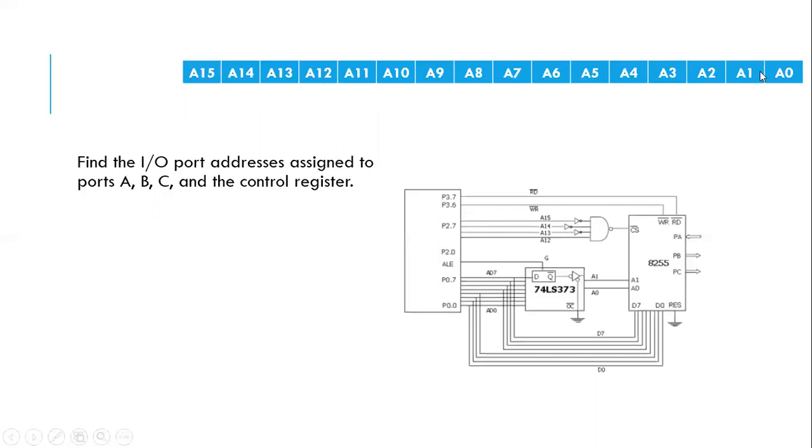The remaining are unknown, isn't it? So here 0, here 0, here 0, here it is 1. In binary this is 0001, and in hexadecimal this is 1.